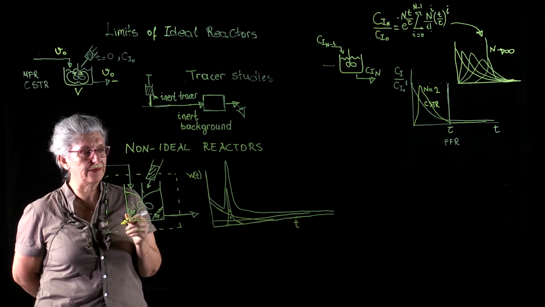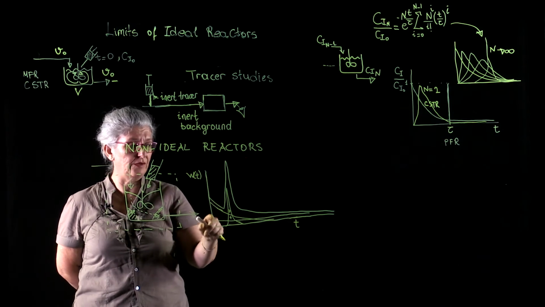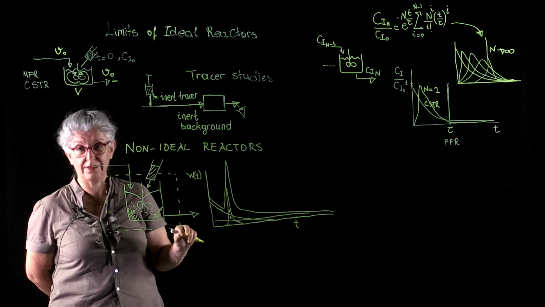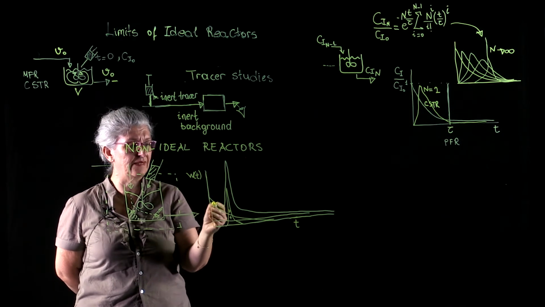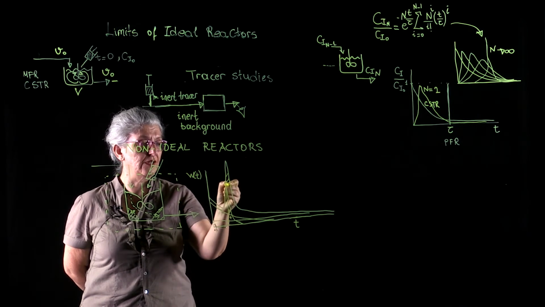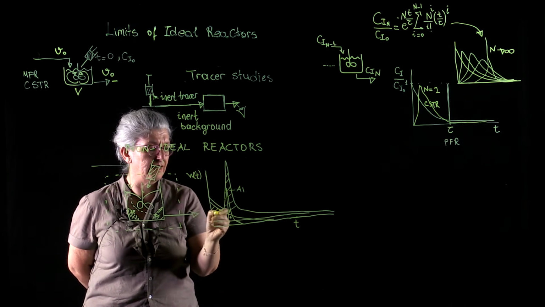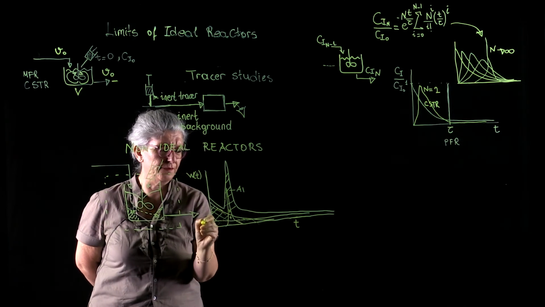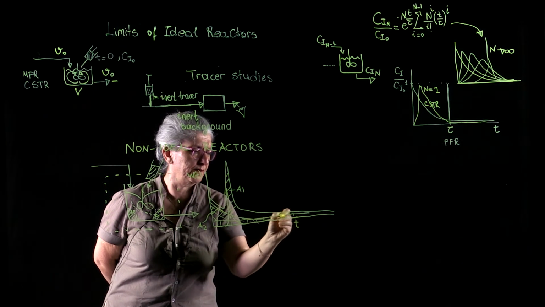So it is the experience of the engineer that is going to dissect the components into a CSTR, a dead zone, and a bypass zone. But one good aspect of the tracer analysis is that the areas under these curves are going to be proportional to the volumes. Let me call this A1, this A2, and this A3.